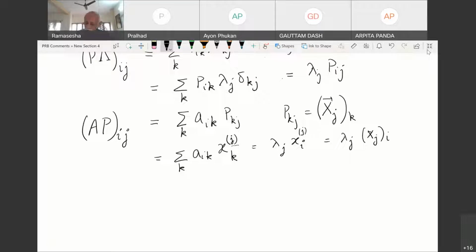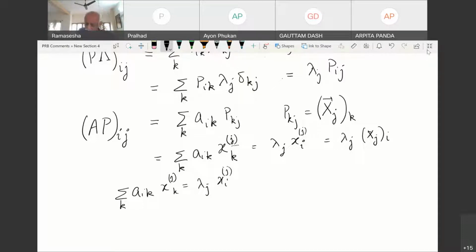Okay, so this is nothing but, if I give you a jth eigenvector, all I have is sigma over k aik xjk is equal to lambda j xij, right?